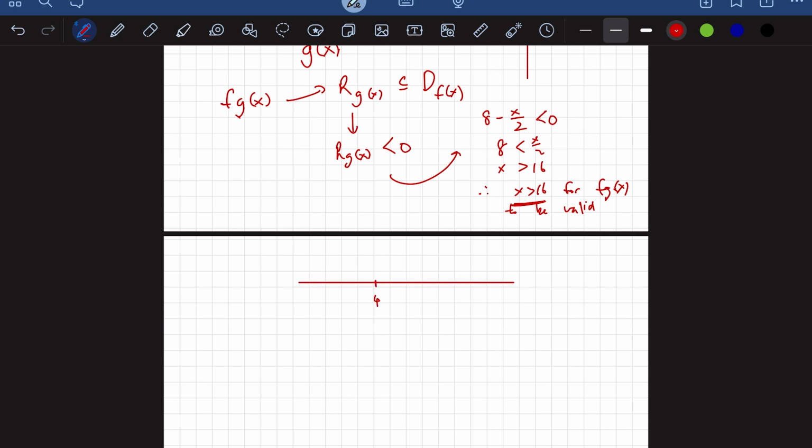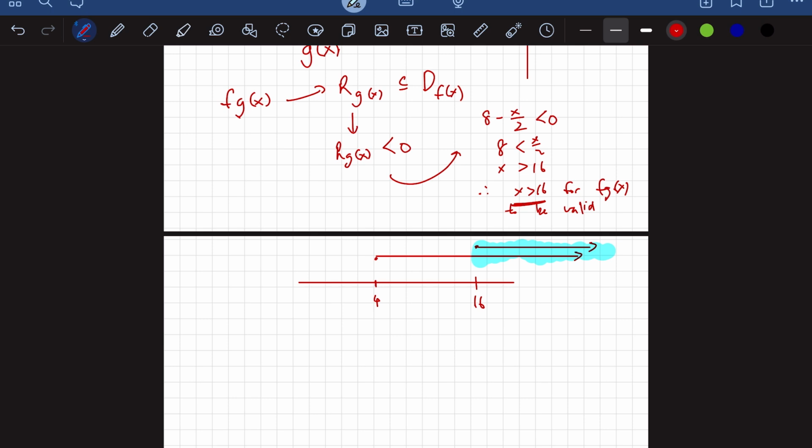4 is here, 16 is here. Initially, the domain of g(x) is 4 to infinity. And for it to exist as a composite function, it has to be from 16 and above. So we only choose the part where it intersects.